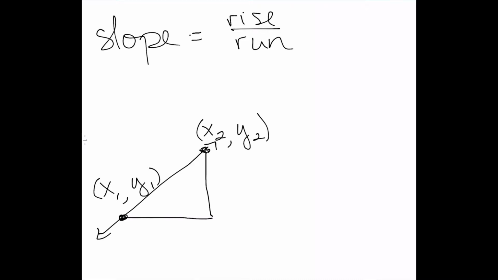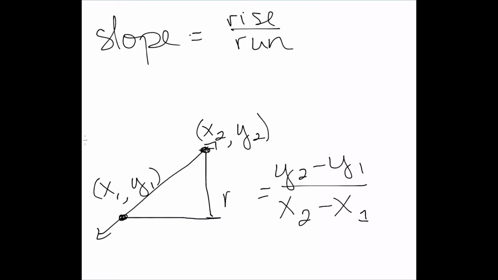So the amount that this goes up is y2 minus y1, and the amount it goes over will be x2 minus x1. This is our formula for slope, which is often denoted by the letter m. And if our line is vertical, then the slope will be undefined. So let's look at a few examples of calculating this.